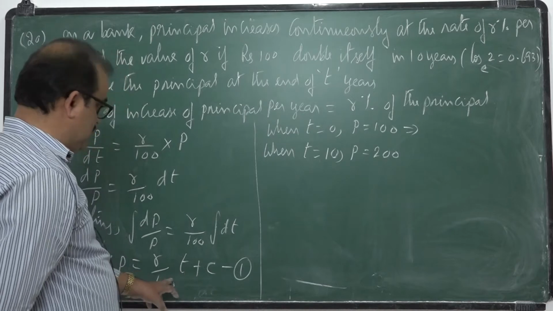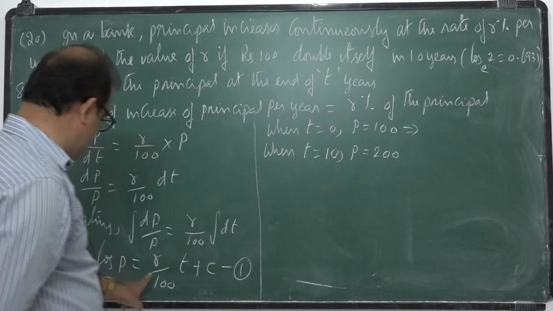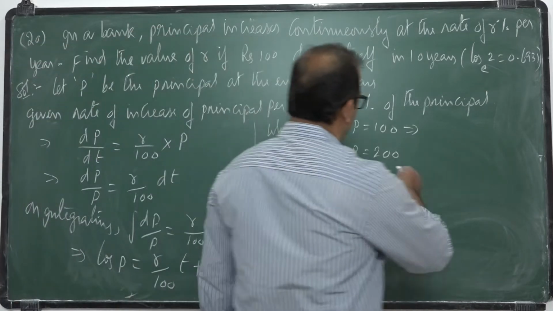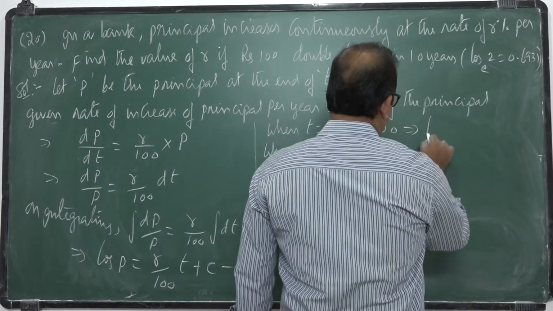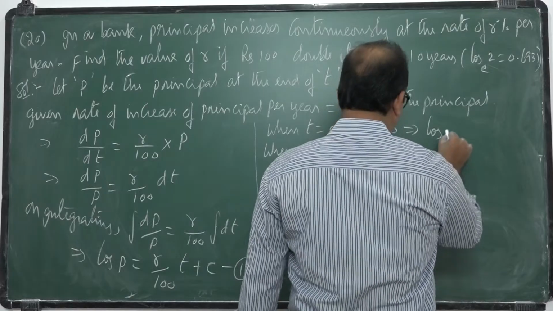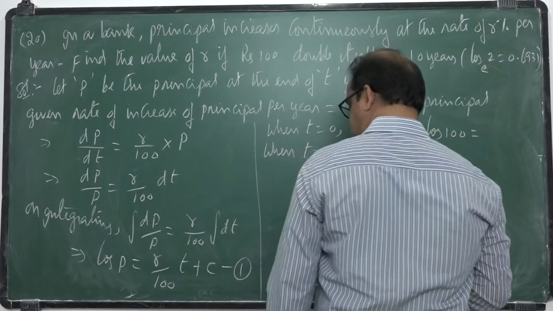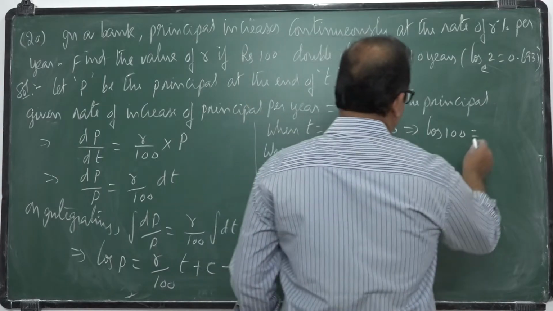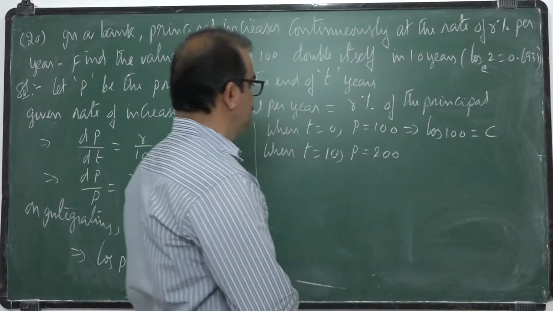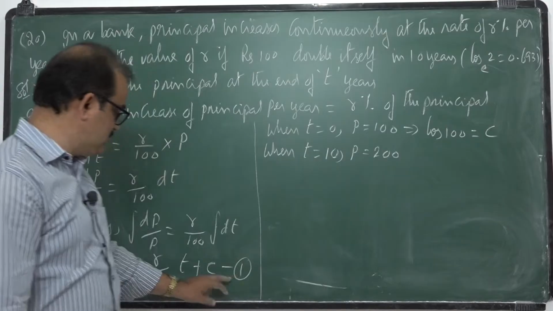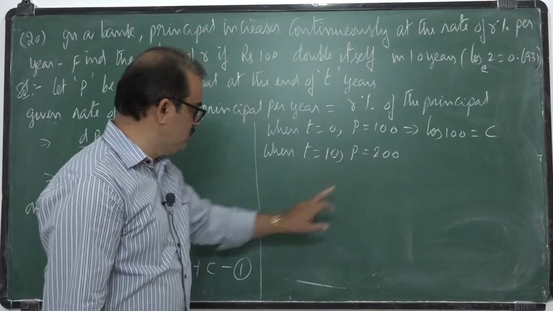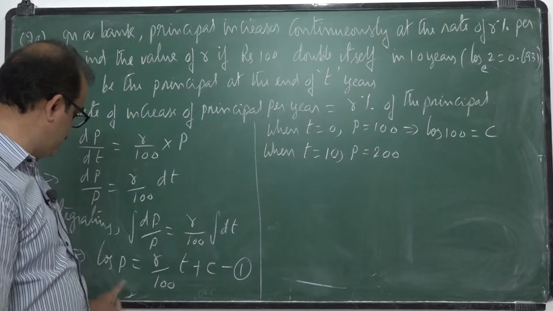Now substitute these two values in equation 1. P is 100, so from equation 1, log of 100 is equal to, T is 0, 0 times anything is 0, that is equal to C. Next, substitute the other two values again in equation 1.